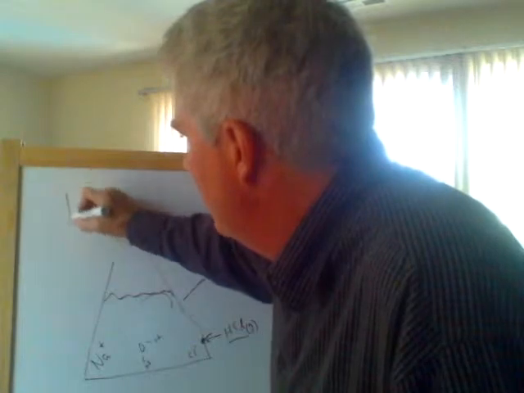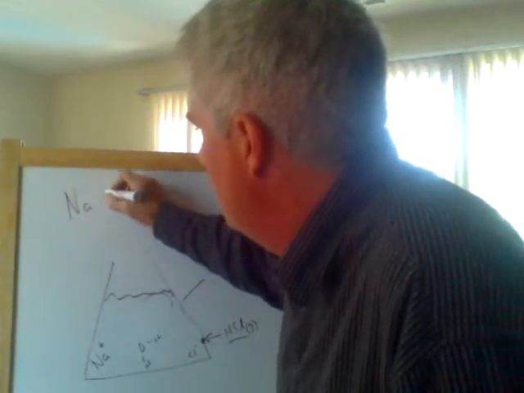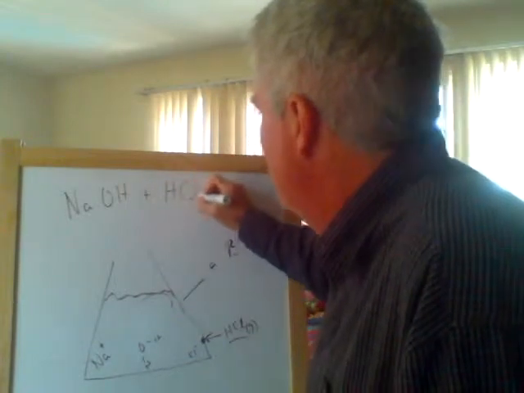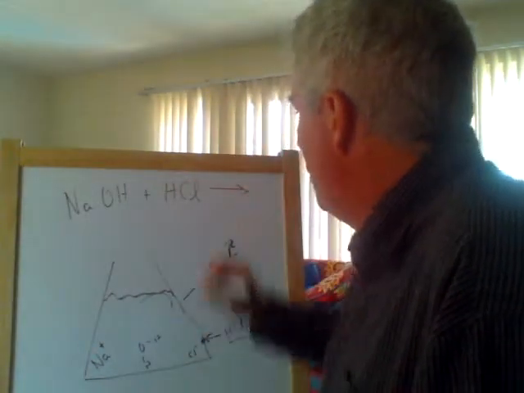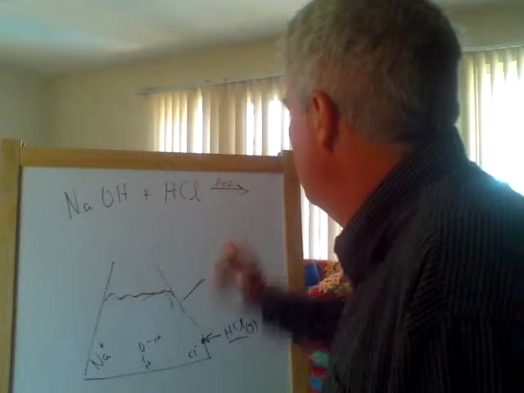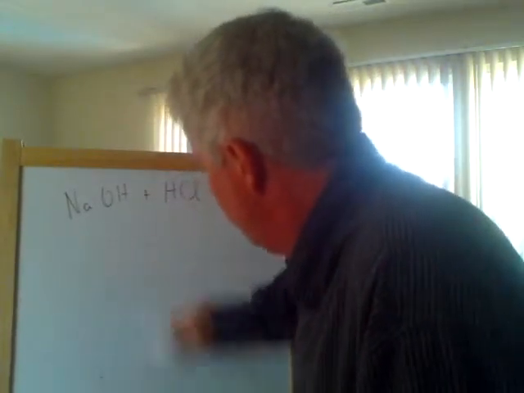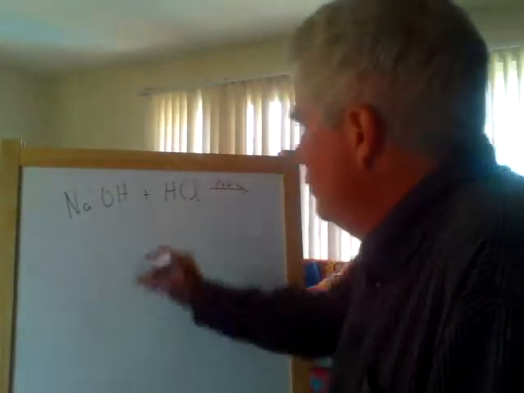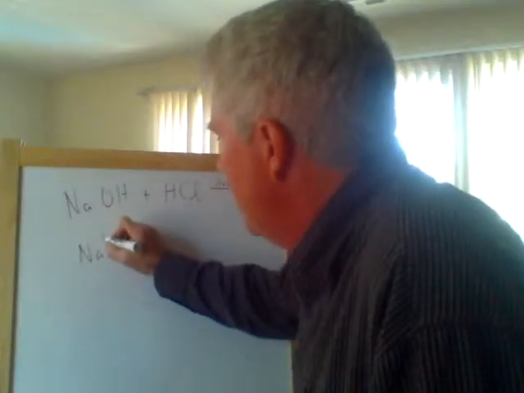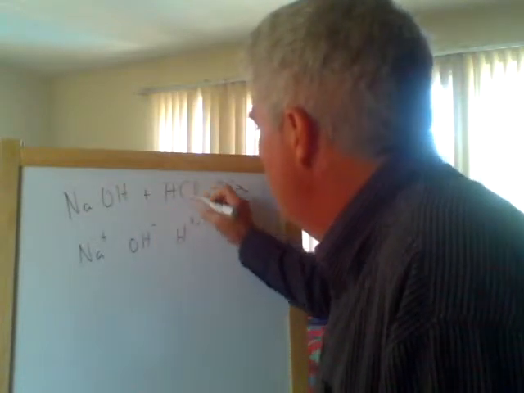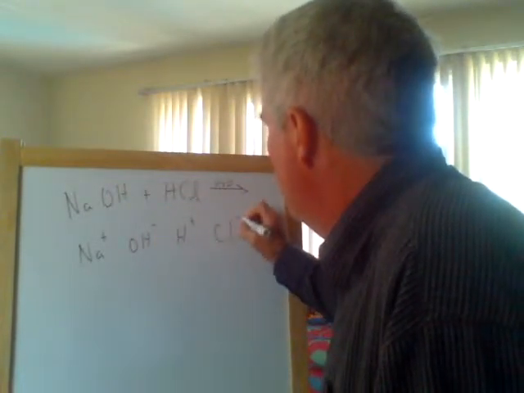But from a reaction standpoint, we're essentially saying that NaOH and HCl, if you were to dissolve them in water, I'll erase my beaker now, would dissociate to form Na+ ions, OH- ions, H+ ions, and chloride ions.